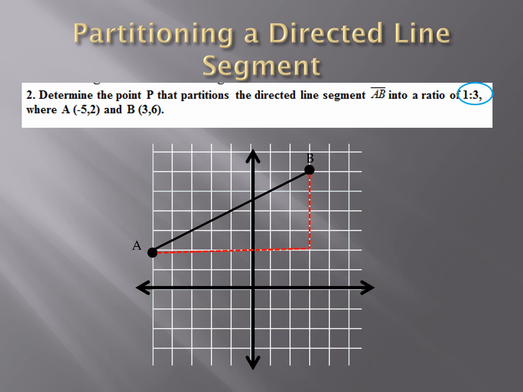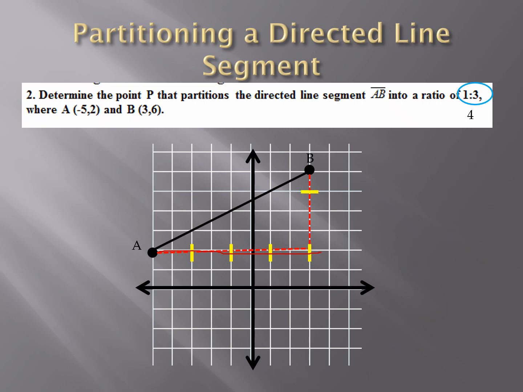Step 2 is identifying your total amount of pieces. If you break it into 1 to 3, how many total pieces did you have? 4. Then you count your horizontal distance. If I count from A all the way here where I'm highlighting right now, I have 1, 2, 3, 4, 5, 6, 7, 8. 8 divided by 4 is 2, so that's why I'm counting by 2s.